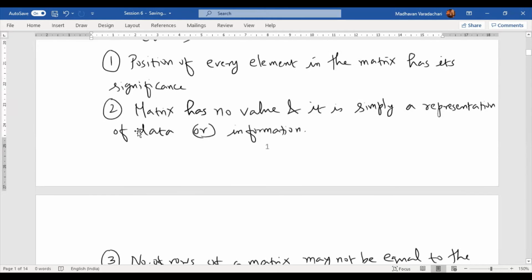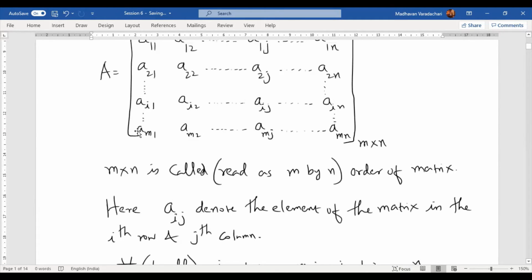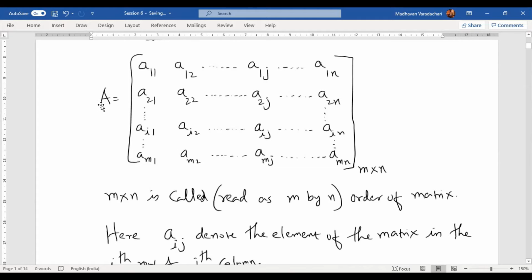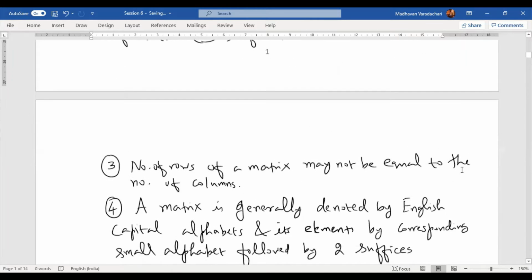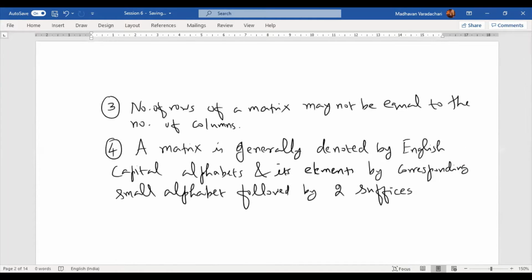What do you mean by this? If you look into this, this is capital A, all these elements are small a, and then followed by, let me take this as an example, followed by suffixes, two suffixes. First suffix represents the row position, second suffix represents column position. So followed by two suffixes.